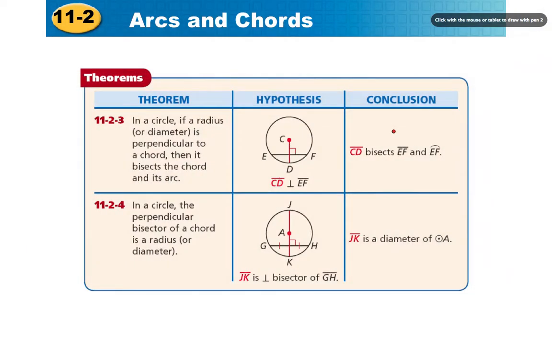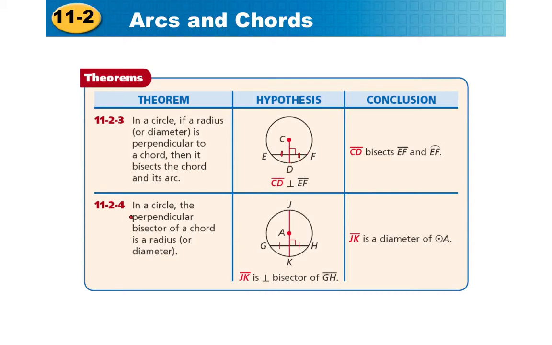More theorems. Theorem 11.2.3 says in a circle, if a radius or diameter is perpendicular to a chord, then it bisects the chord and its arc. So this radius bisects this chord, so this distance from here to here is equal to from here to here, and this arc ED is equal to arc DF.